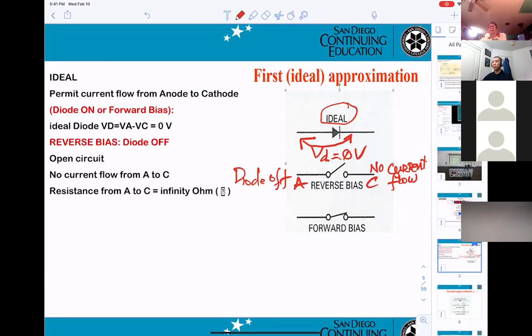I'm not quite following. If there's supposed to be 0 volts, ideal understanding. Yeah, ideal. That means when you conduct, it's just like a wire, no resistance. However, if not ideal, then there is a little resistance.